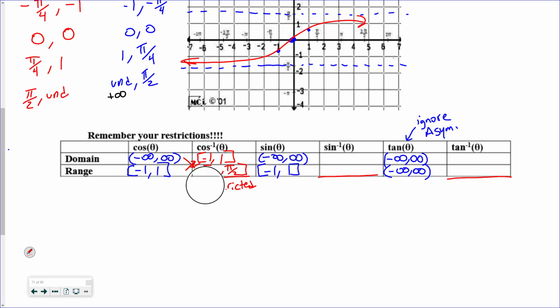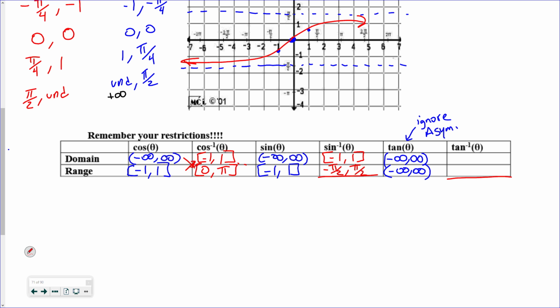So the cosine range is actually from 0 until pi. Brackets again. Sine, on the other hand, is from -pi over 2 to pi over 2, and it again goes from -1 to 1 in my domain.